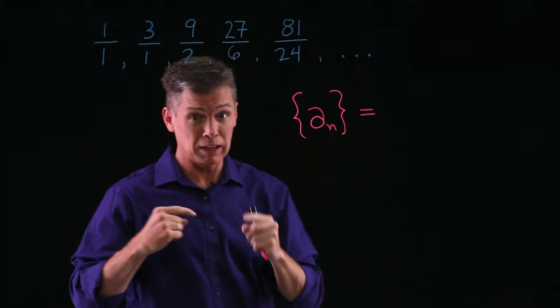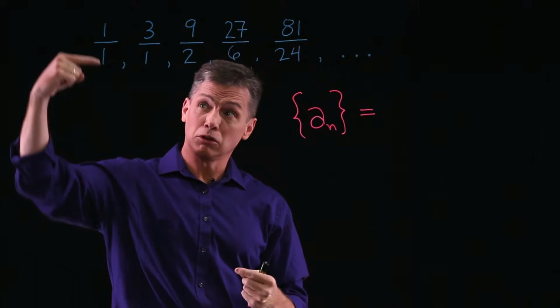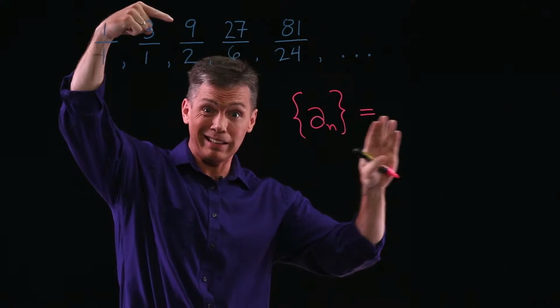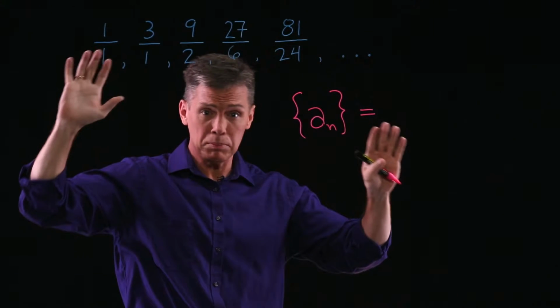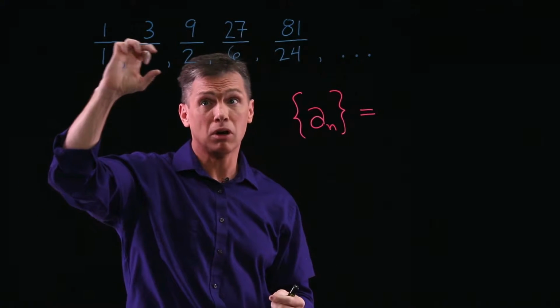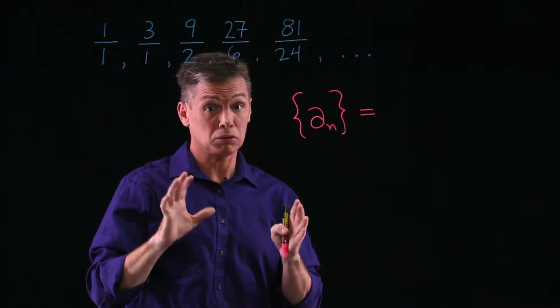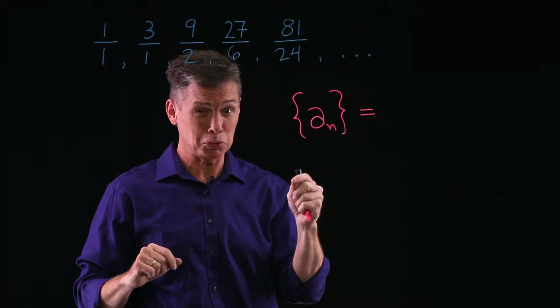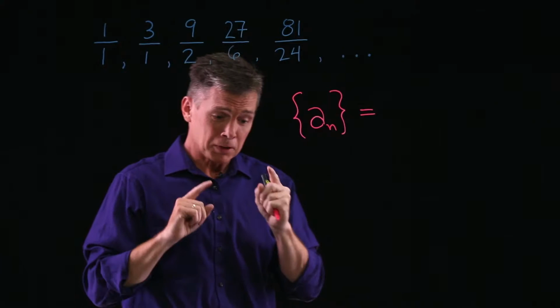I say that in this case because what I'm going to do is look for a pattern that gives me each of these numerators, and I'm going to get that down. And then I'm going to kind of wipe the slate clean and look for a different pattern that gives me those denominators. Okay? So don't feel like one pattern is going to give you everything all in one fell swoop. Take it slowly.